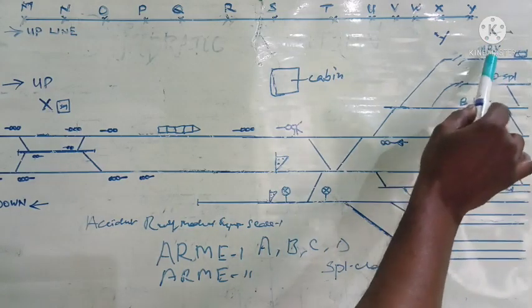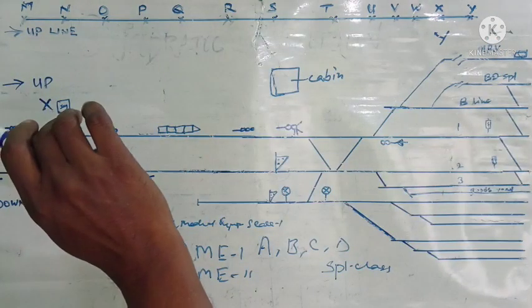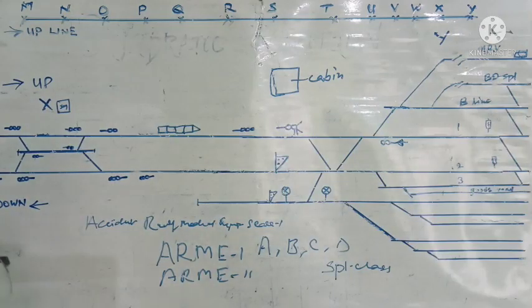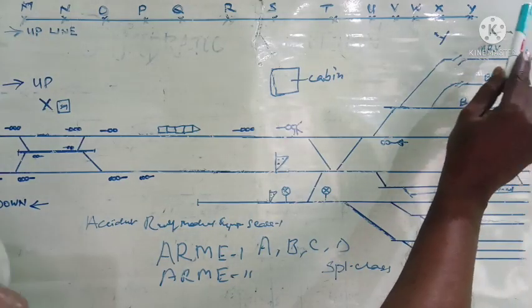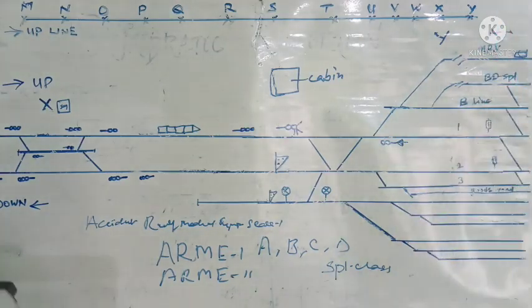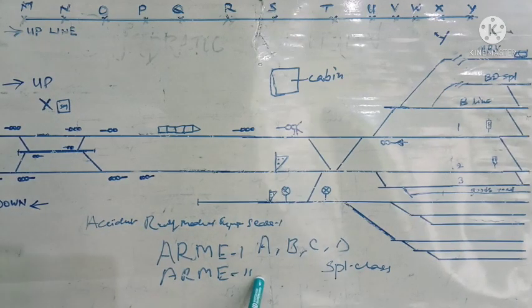Suppose this MRV is stationed in the loco yard, in that case the key will be with the loco inspector. Here this MRV is in the station yard itself, so one key is with the railway doctor and the other key is with the station master. So the equipment within the MRV is called ARME 1. There is ARME 2 scale, accident relief medical equipment scale 2.